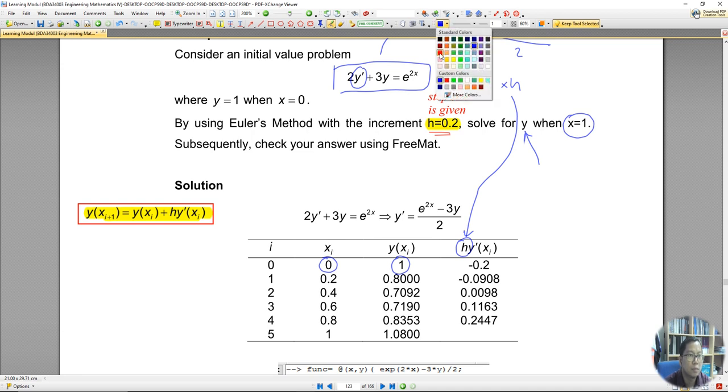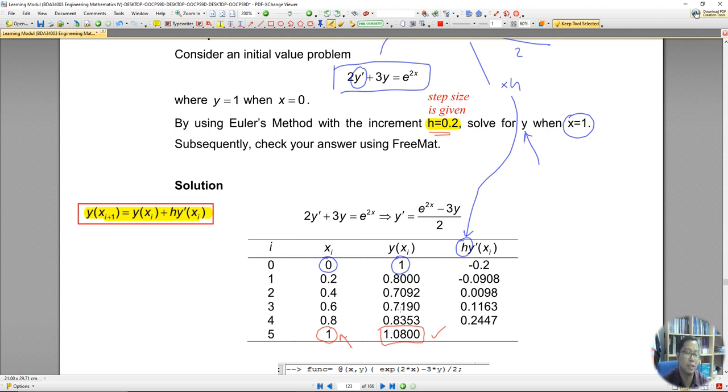So we start x from 0, and the step size is 0.2 until x equals 1. The question asks for the value of y when x equals 1.